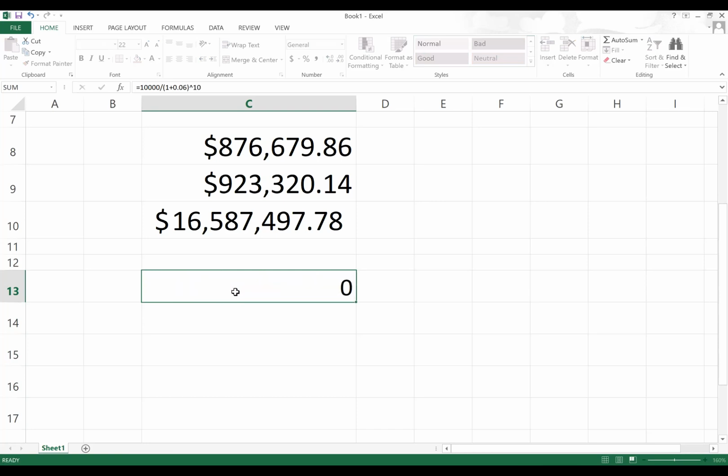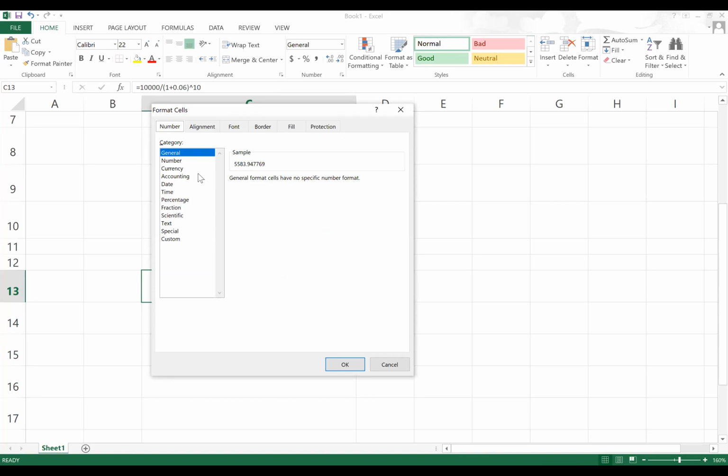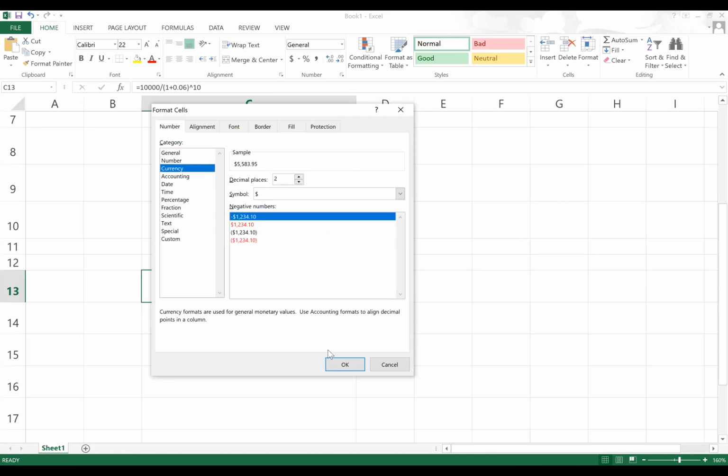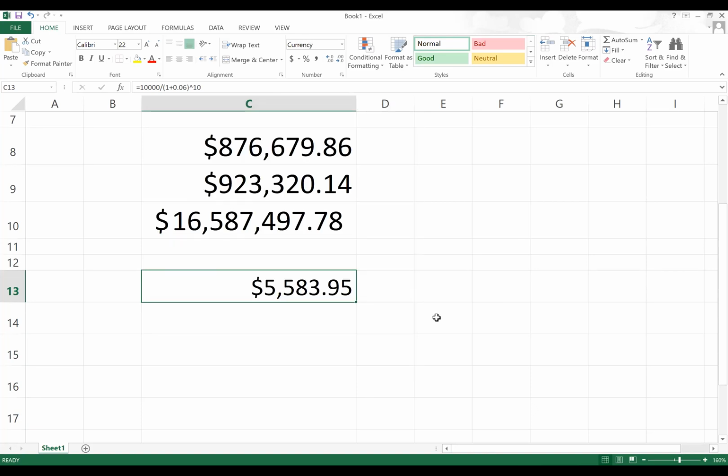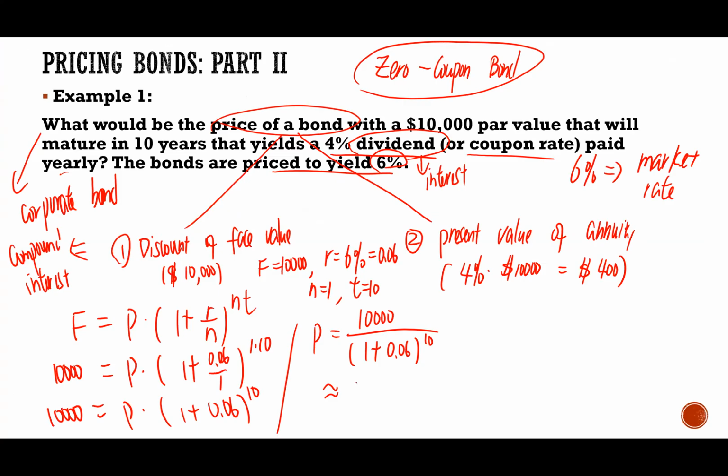This should come out as you see, it's only worth $5,583.95 right now. So it's worth a lot less. $5,583.95. This is what we call discounting of the face value.